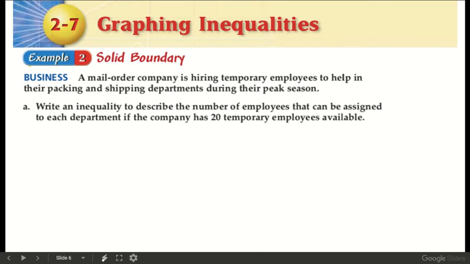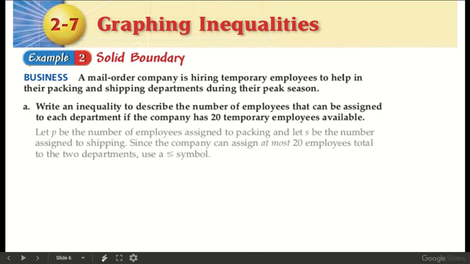So we're going to write an inequality based off the situation, right? We're going to let P be the number of employees assigned to packing. We're going to let S be the number of employees assigned to shipping. And since the company can assign at most 20 employees total, because that's what they have available for the 2 departments, we're going to use less than or equal to.